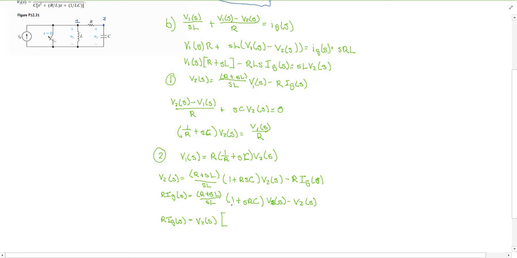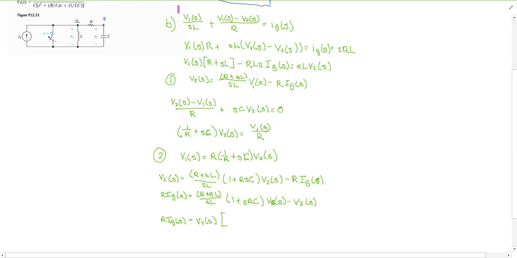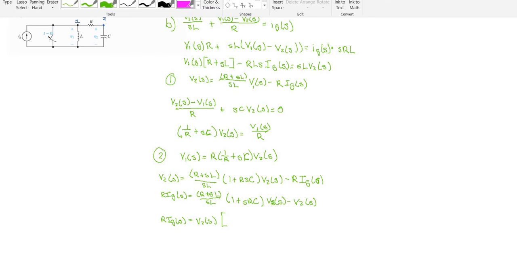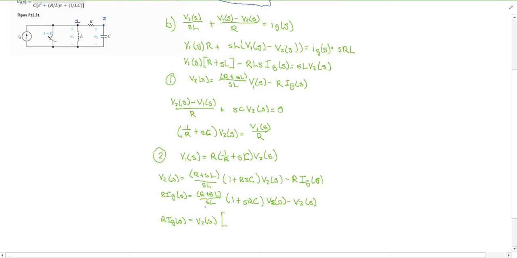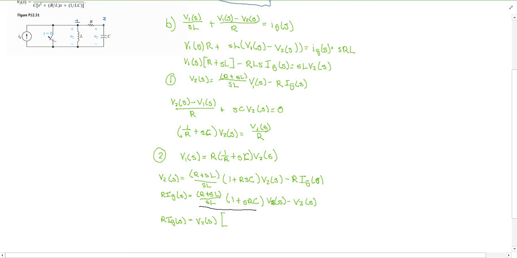So what I'm going to do is make this component right here, let me get another color so you guys can see what I'm pointing at, into just one equation. Not simple, but one equation.